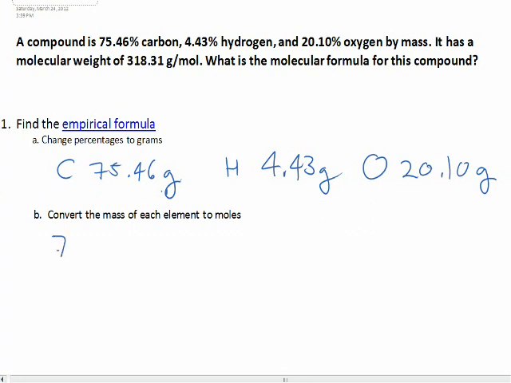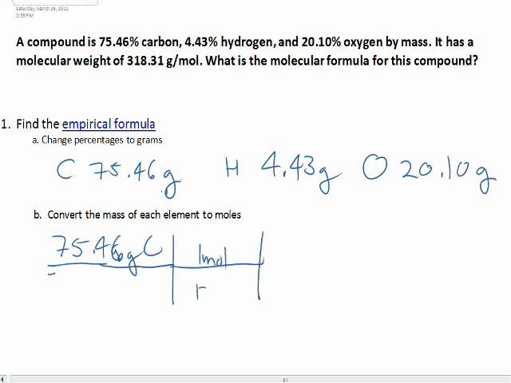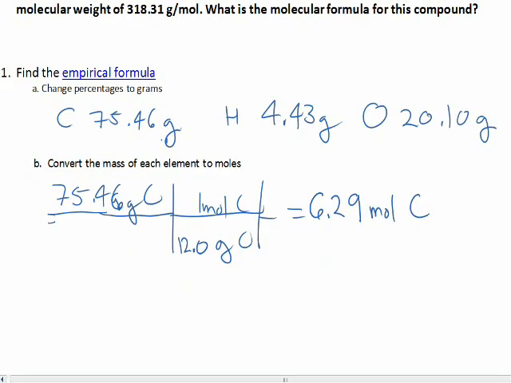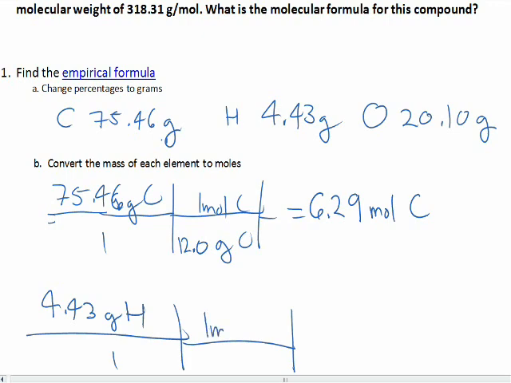For carbon, we have 75.46 grams of carbon, and 1 mole is 12 grams of carbon. That equals 6.29 moles of carbon. For hydrogen, we have 4.43 grams of hydrogen. We multiply that by 1 mole of hydrogen per 1.0 grams of hydrogen.